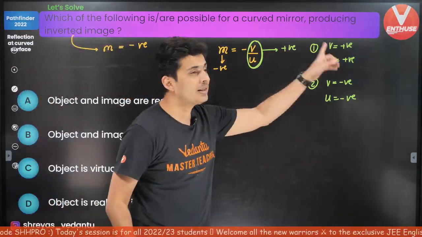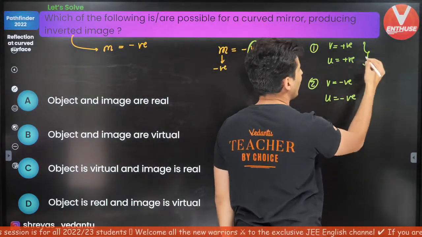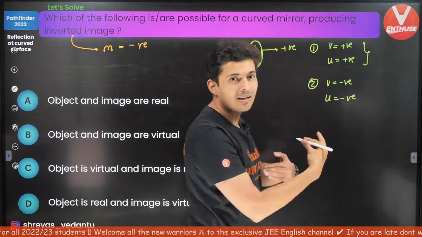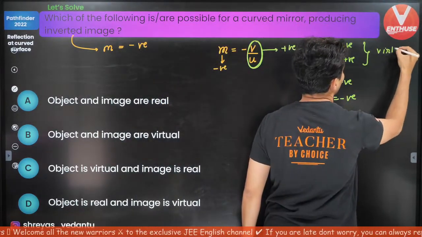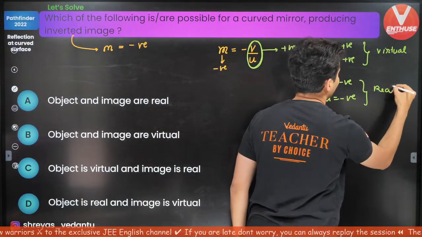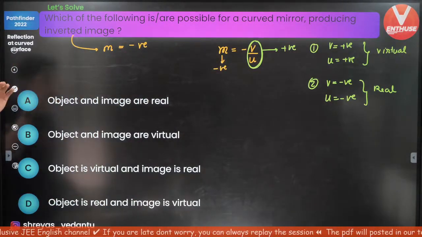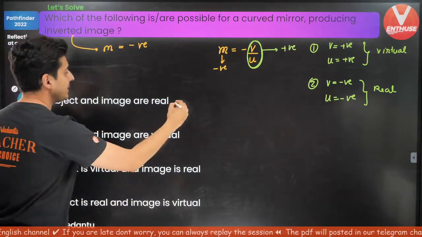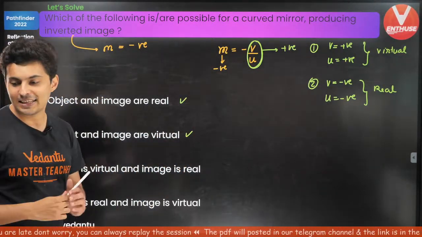Now, if both are positive, that means both image and object are, think, which is the positive side? It's virtual. And if both are negative, then it is real. Hence, both are virtual or both are real. That means option A and option B. That's what you are going to get, A and B.